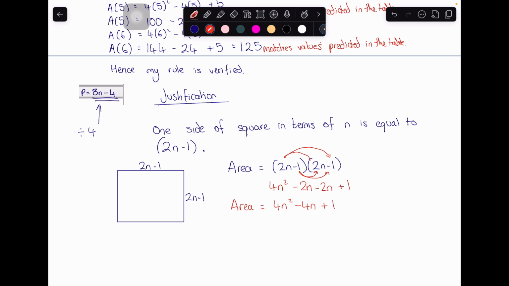Okay, but we know those squares had these 4 additional on the side and it was the same for each. So because of those, I have to add on plus 4 for the 4 additional.